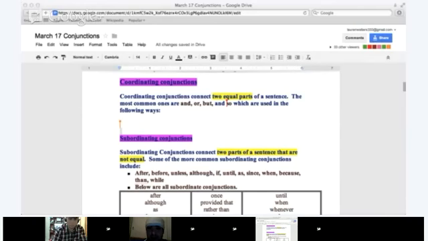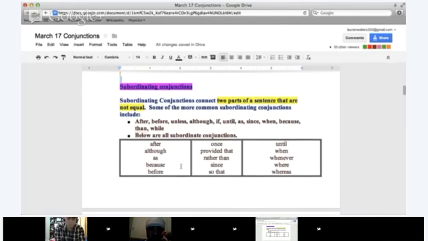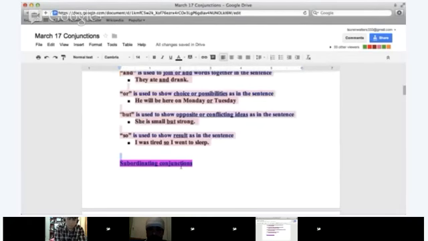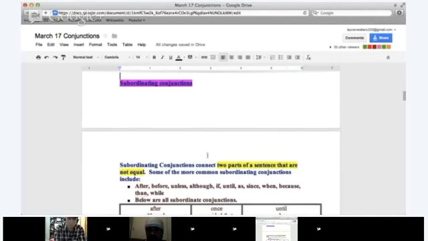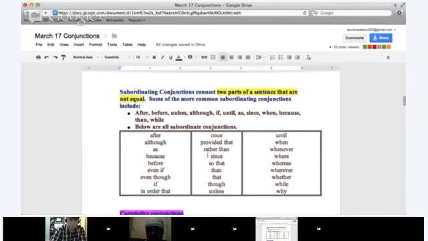Okay, let's go to subordinating conjunctions. Albis, can you please start reading that for us? Sure. Subordinating conjunctions connect two parts of the sentence that are not equal.